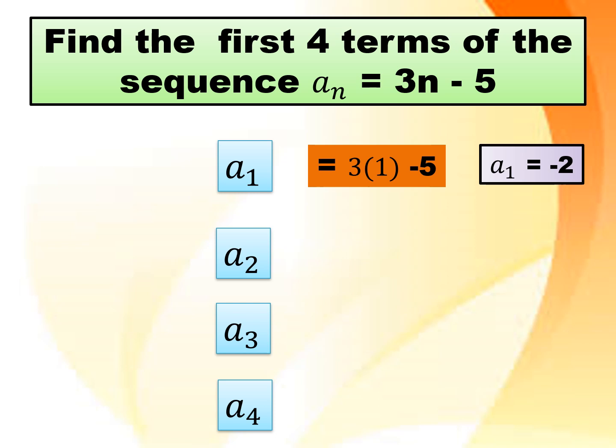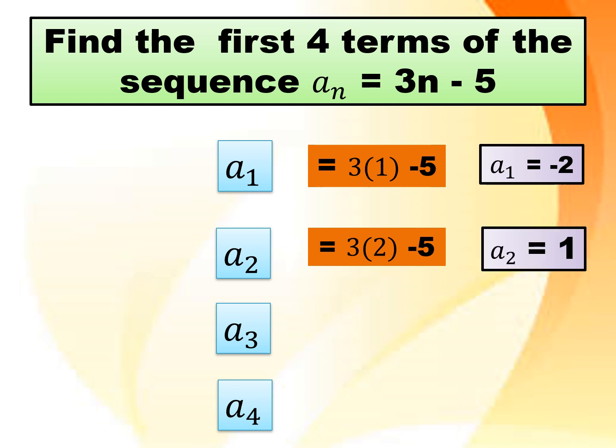For our second term, we will have 3 times the value of n, which is equal to 2, minus 5. We will then have a sub 2 is equal to 1. For our third term, we will have 3 times the value of n, which is equal to 3, minus 5.